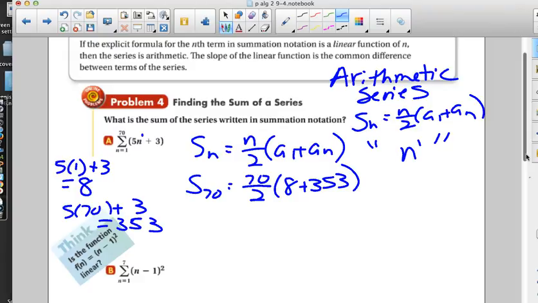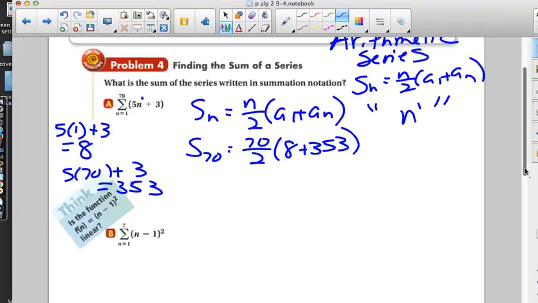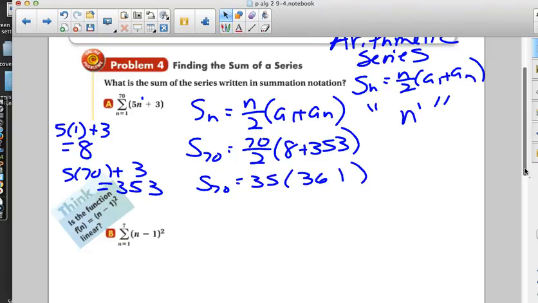And the rest of it could be totally calculator if you want. Like I said, I usually do a little bit of this math in my noggin because I always mess things up when I punch it into the calculator. So this would be 35 and 361. Quick division and addition in the head. 35 times 361. 12,635, and now we're grateful for the calculator.